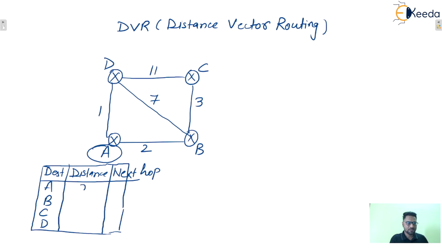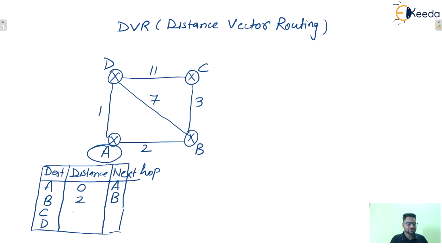A to A distance is 0, and next hop is A only. A to B distance is 2, and next hop is B. Next hop means next router.